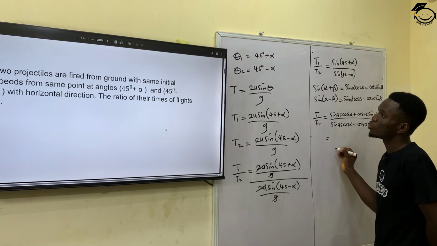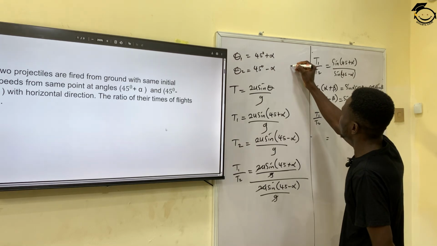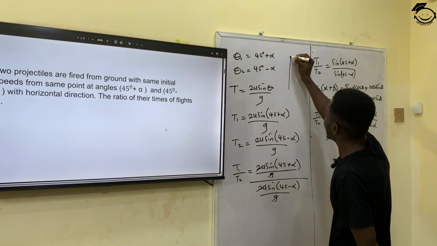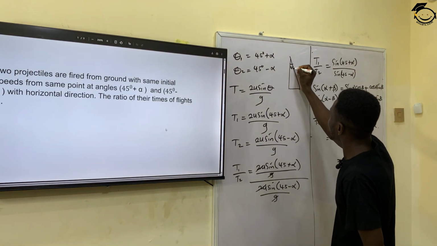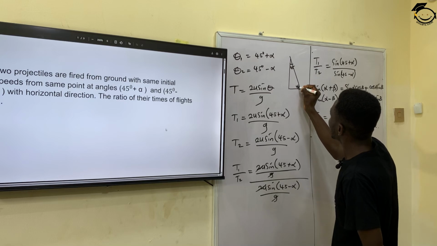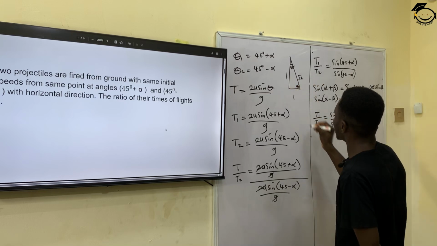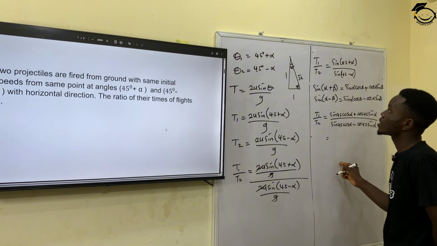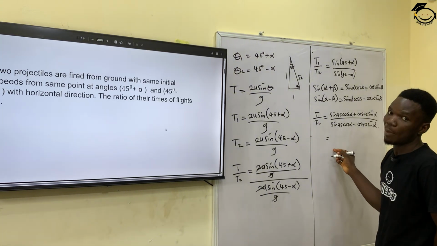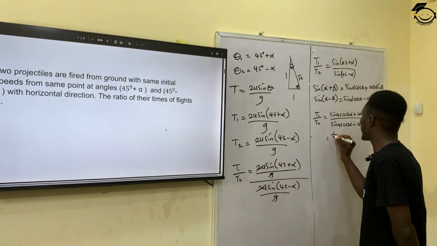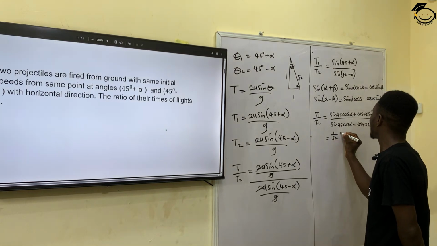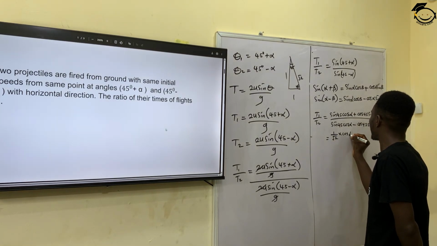From our trigonometrical identity, here is 45, here is also 45, this is root 2, this is 1, and this is 1. So sine 45, sine is opposite over hypotenuse, so I have 1 over root 2 times cos alpha.